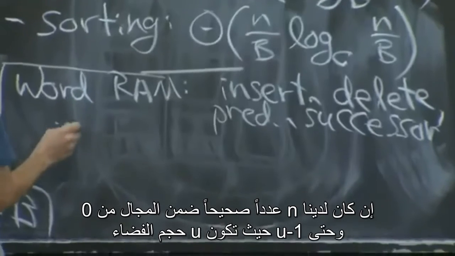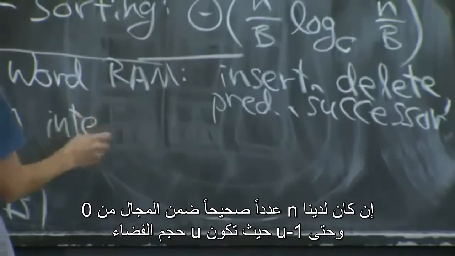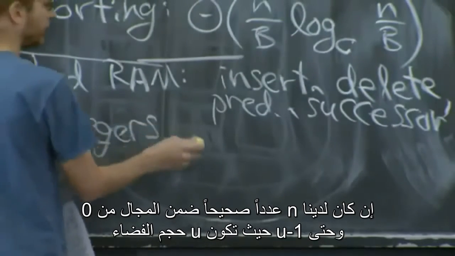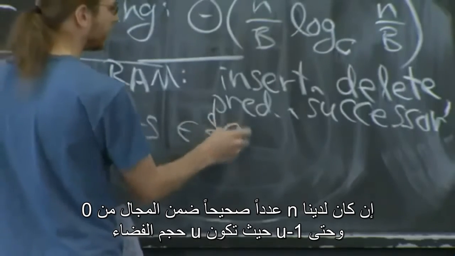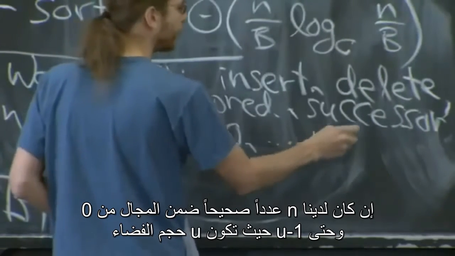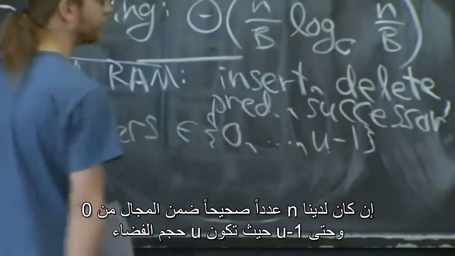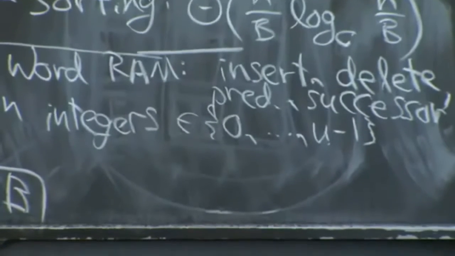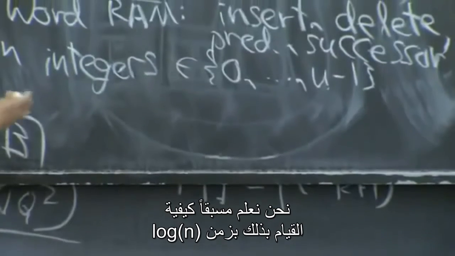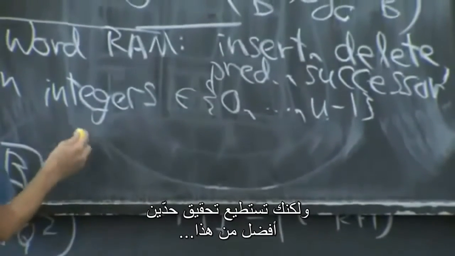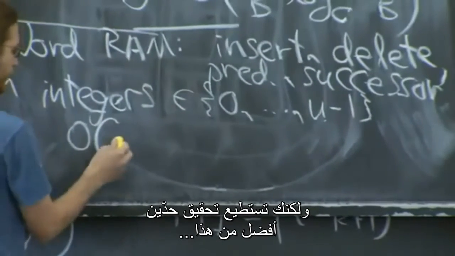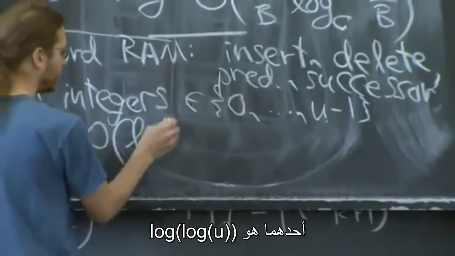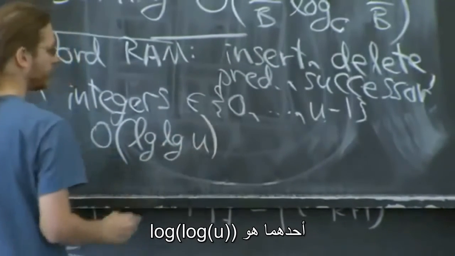If we have n integers in the range 0 to u minus 1, where u is the size of the universe, then we already know how to do log n, but you can do two other bounds. One is log log u.